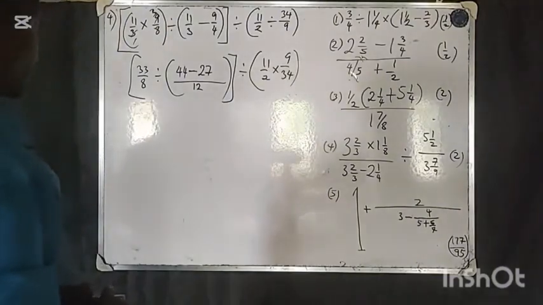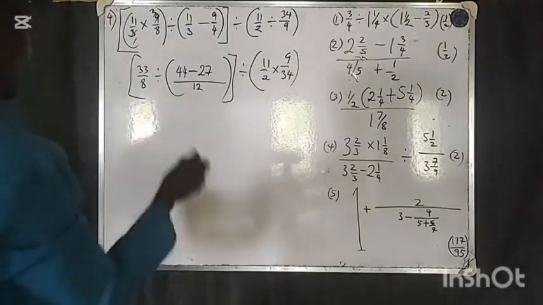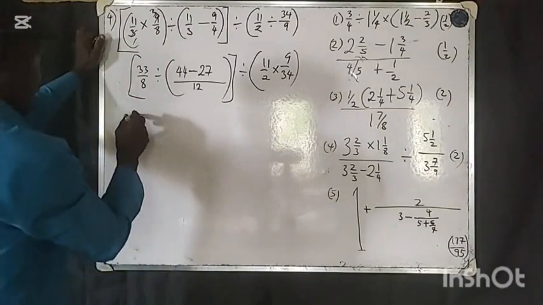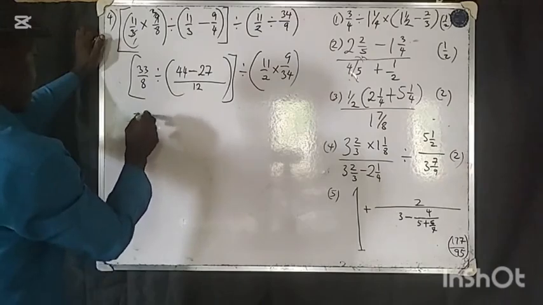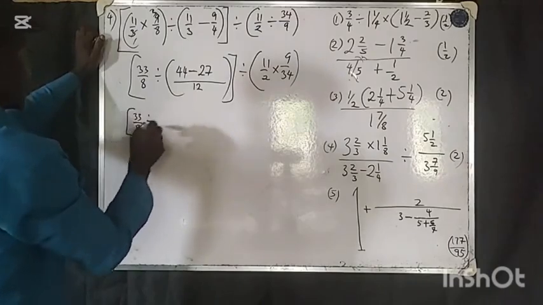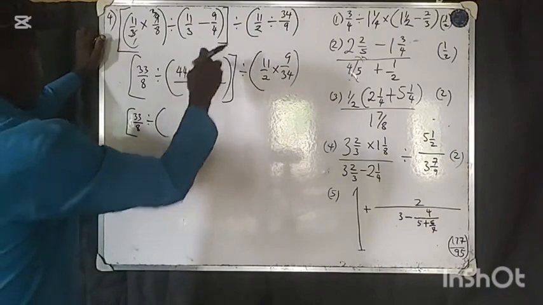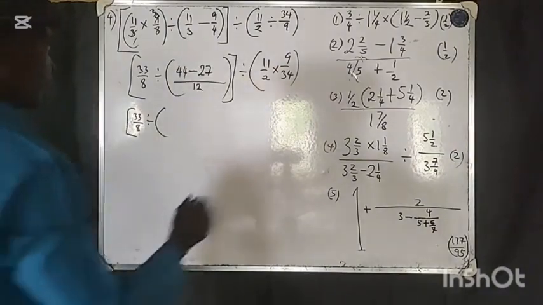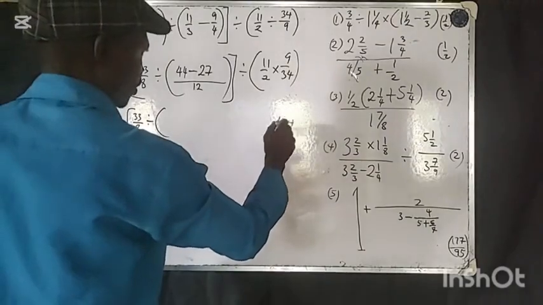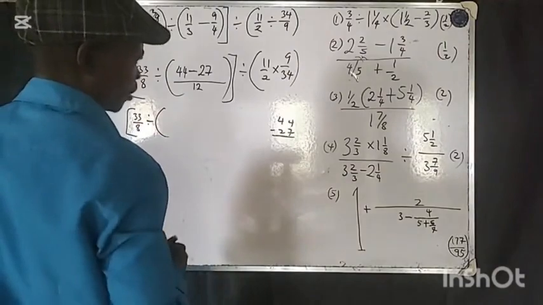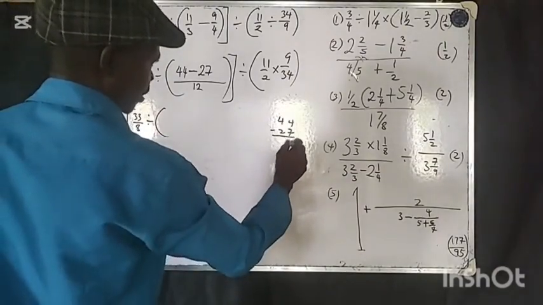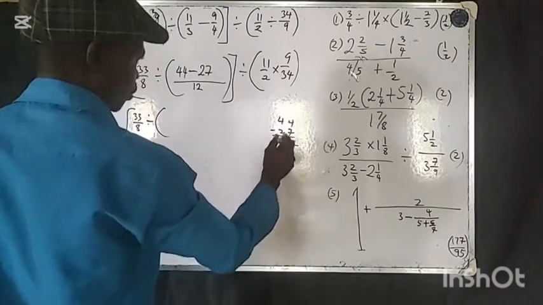So with this now, what do we do? We write this down. 33 over what? Over 8 divided by 44 minus 27. 44 minus 27. When you borrow 1, it becomes 14. 14 minus 7 is 7. 3 minus 2 is 1.